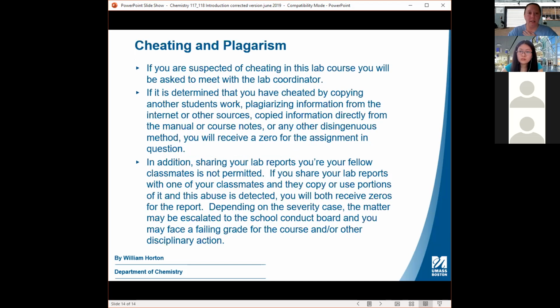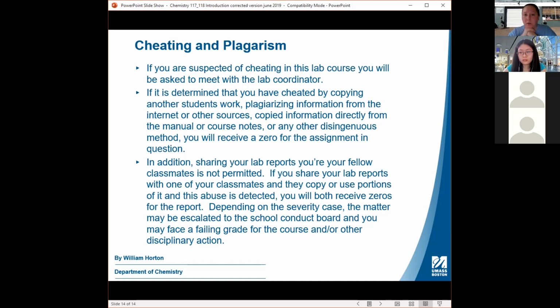Okay, the last thing that we're going to talk about for the intro is not the most exciting, but cheating and plagiarism. We use SafeAssign, I believe, for our plagiarism software.